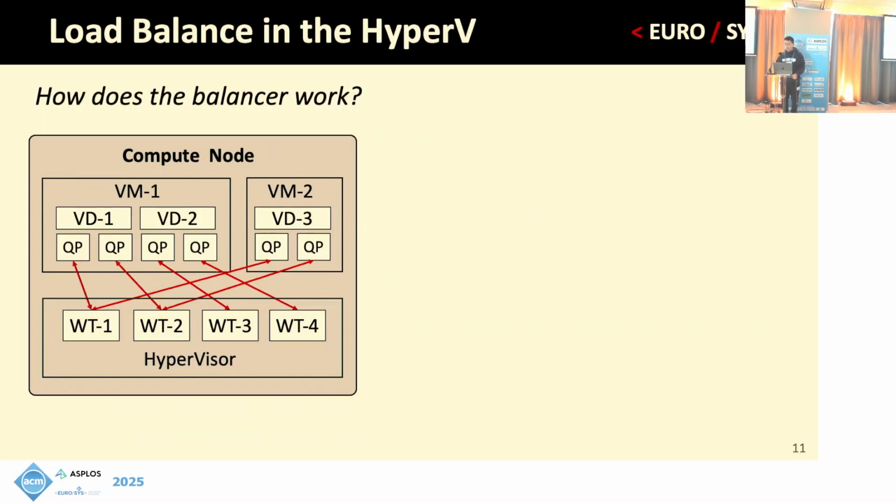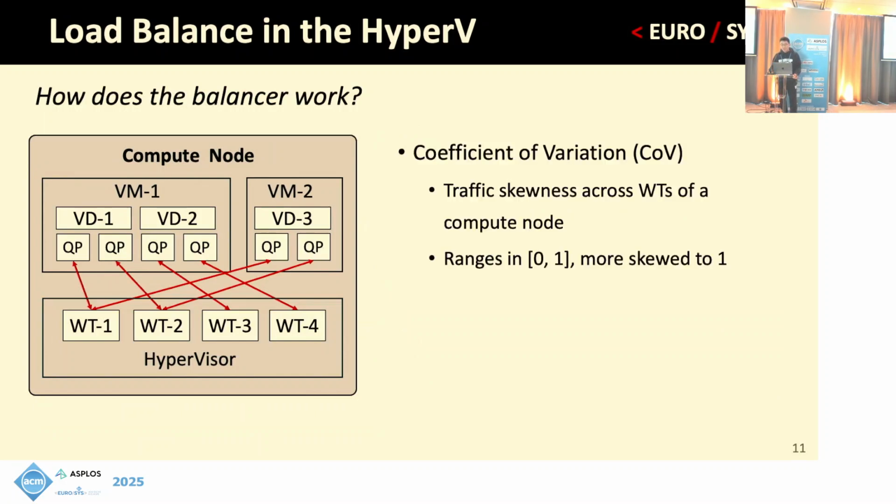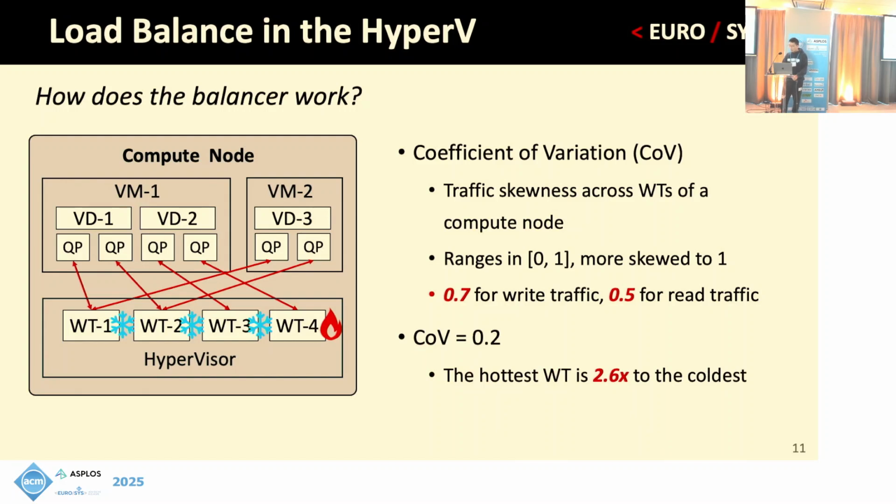To quantify the workload skewness of different workers, we use the concept of coefficient of variation. The COV ranges from 0 to 1, with higher values indicating more skewed workloads. Our data shows that the median COV of the sampled compute nodes reaches 0.7 for write traffic and 0.5 for read traffic. These are actually quite extreme values.